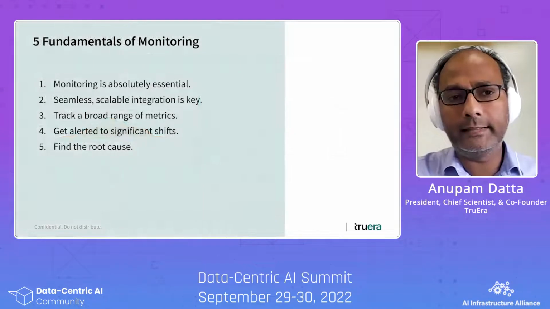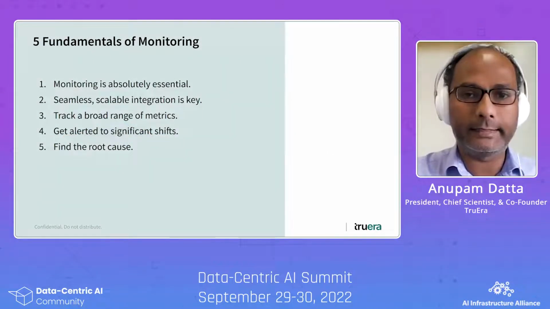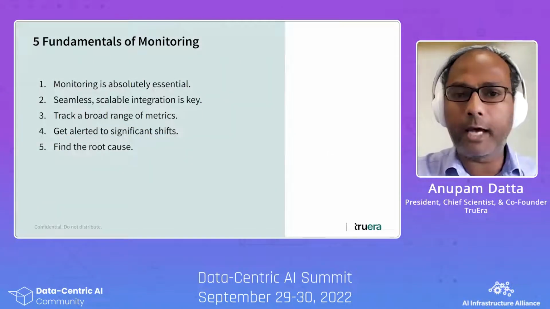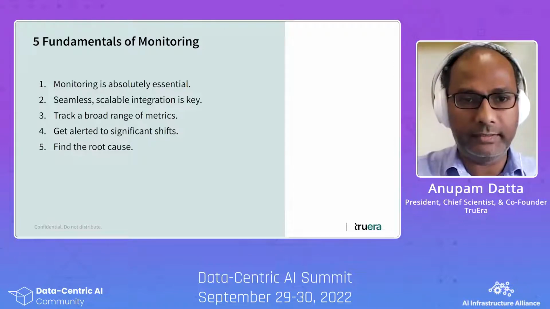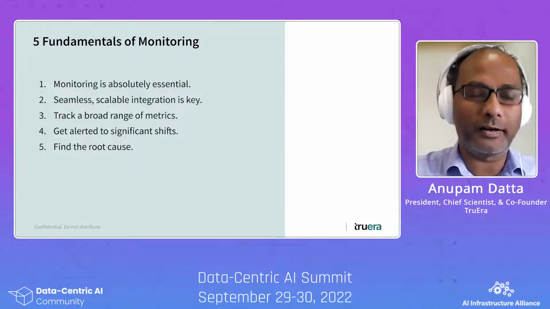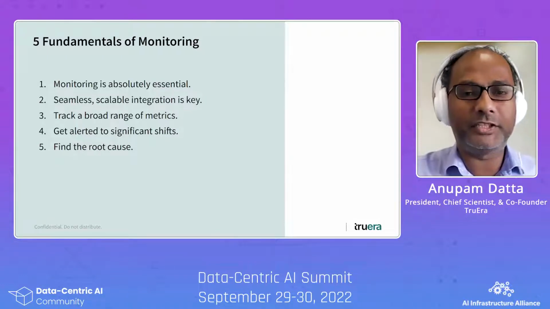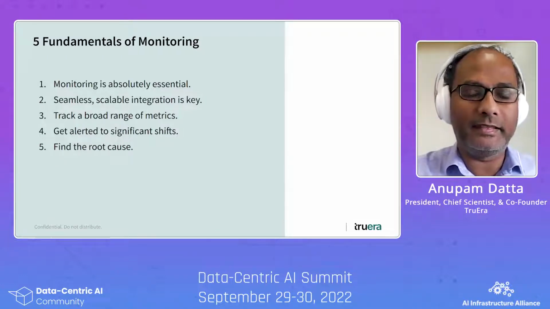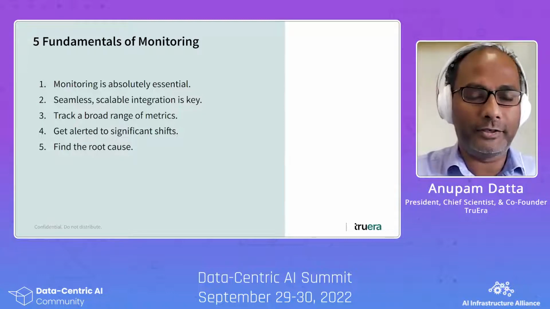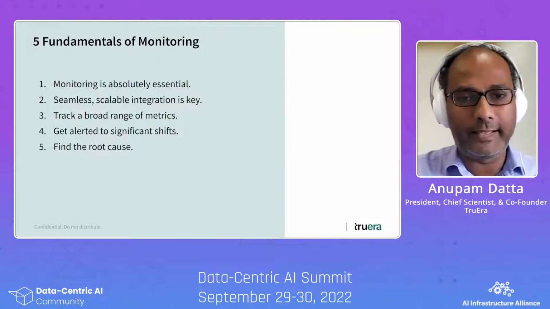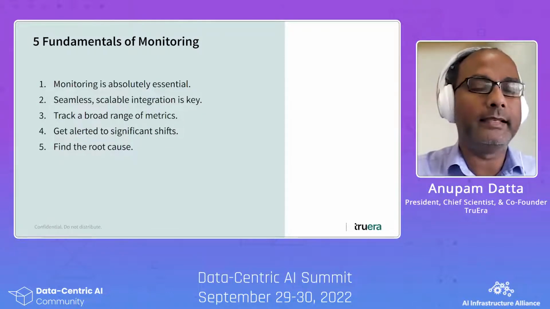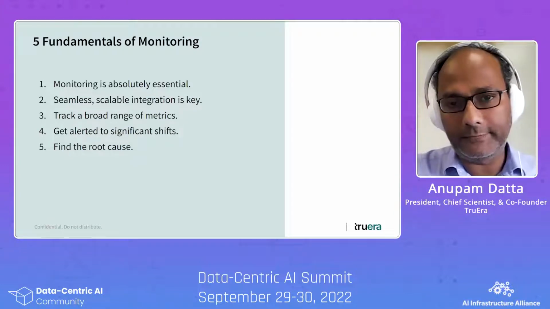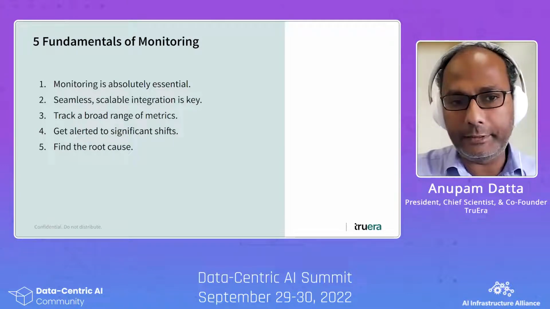With that, let me leave you with these 5 fundamentals of monitoring. Monitoring is absolutely essential. When your model moves into production, your work is far from done. It has just begun. And you need to keep an eye on your models and to monitor them to ensure that they continue to deliver business value in a sustainable manner.